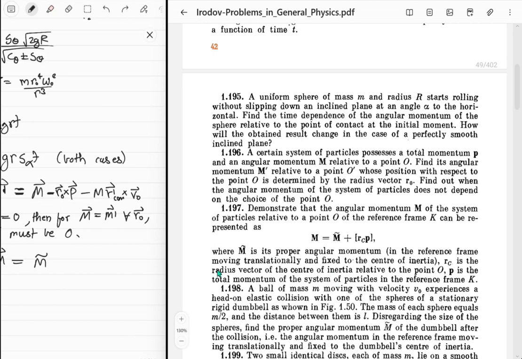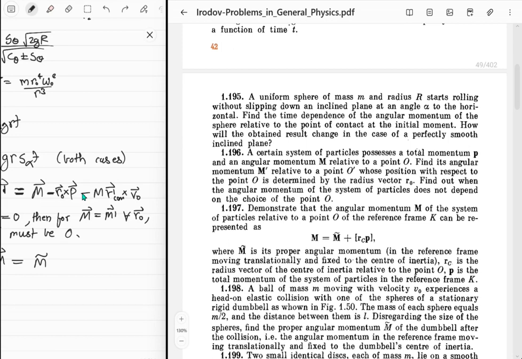Wait, it should not be this. Something's not correct about this. Wait, why is this negative? Something's not correct. B vector. Yeah, something's not right. Did I derive that correctly though? It must have been, right?